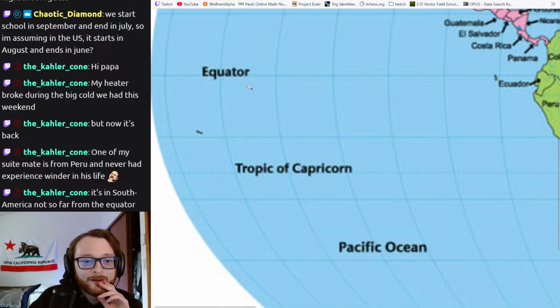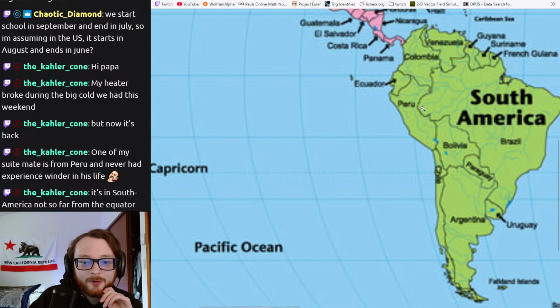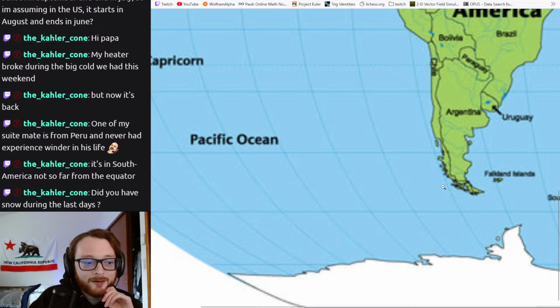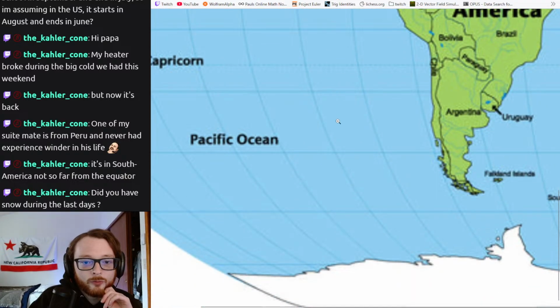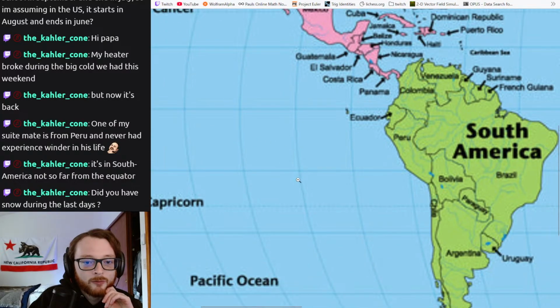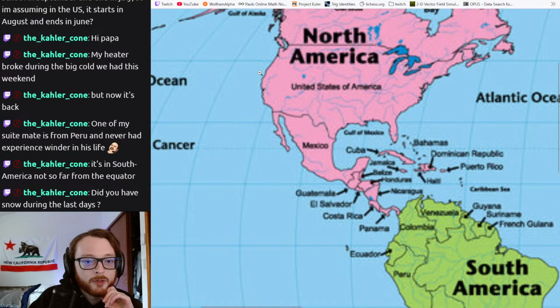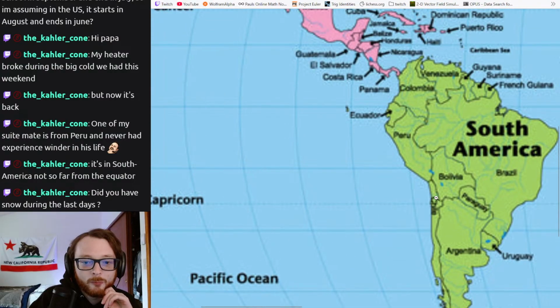So the equator is right here. It took me way too long to realize that Ecuador is probably named for the equator. But yeah, okay, so Peru is, like, right the hell there. But this is not far from the South Pole. It's like, equator, 1, 2, wait, oh my god. 1, 2, 3 versus 1, 2, 3. I guess North America does go farther north than South America goes south. But I feel like South America still goes pretty south.